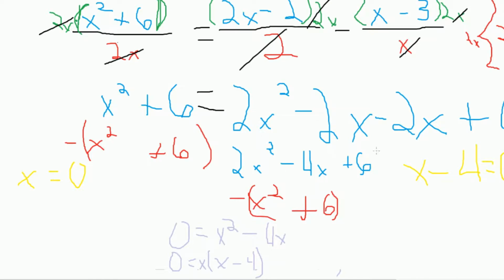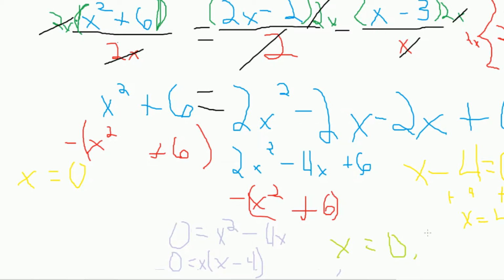This x is already solved, x equals 0. And then we add 4 to both sides, giving us x equals 4. Now we got our answers. x equals 0 and 4.